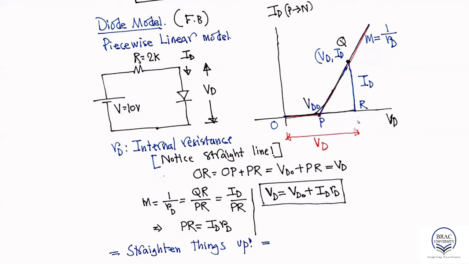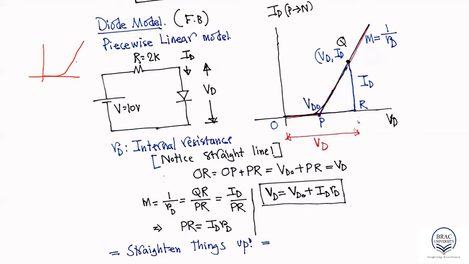For example, for a diode, we know the diode IV characteristics is an exponential curve, which means it's a non-linear curve.